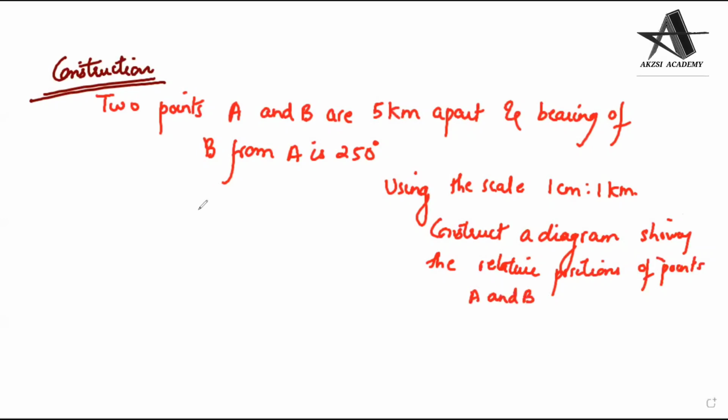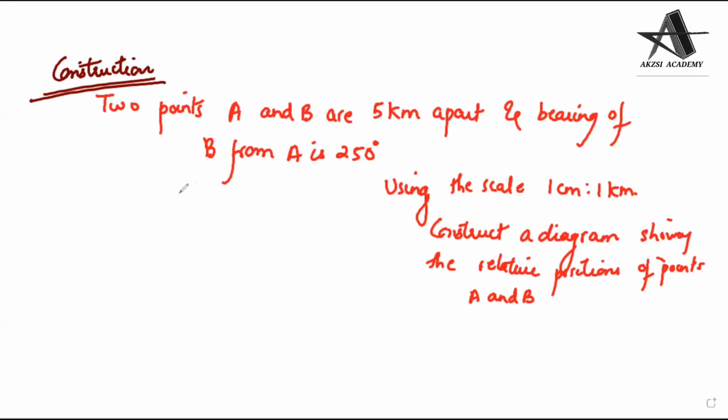See, the first thing is they have mentioned that there are 2 points A and B and they are 5 kilometers apart. The thing is that you can't just draw 5 kilometers on your paper. So you have to take some scaling. If they have mentioned it in the question, it's well and good. And if it's not mentioned, then it will be totally on you.